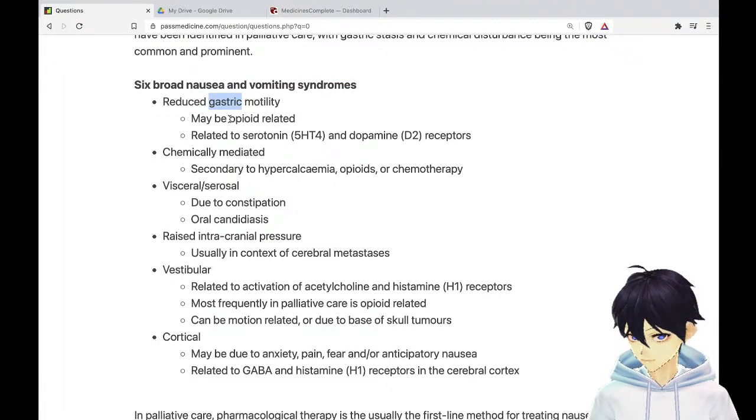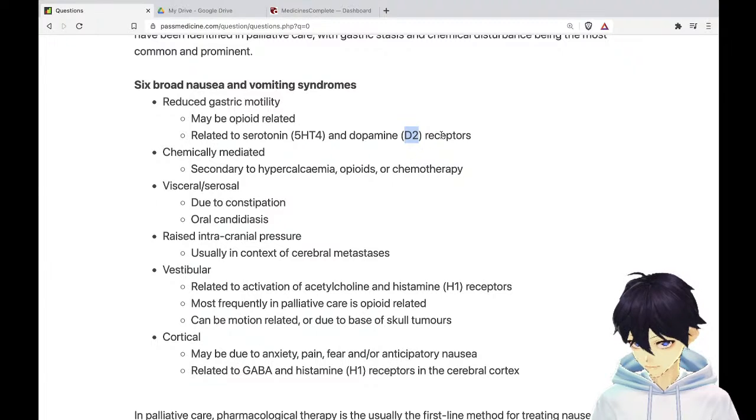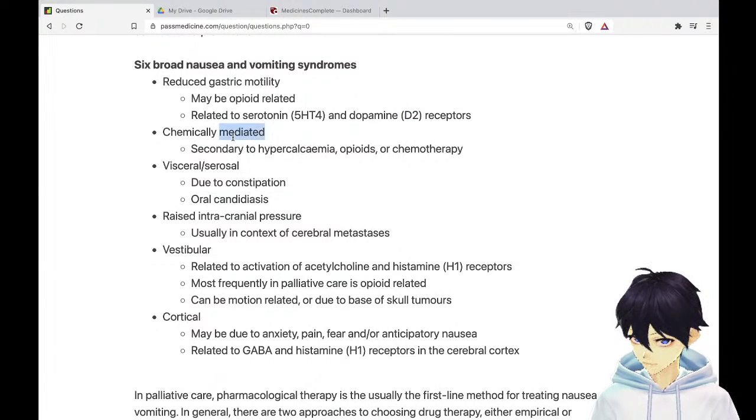Reduced gastric motility may be opioid related, related to serotonin 5-HT4 and dopamine D2 receptors. Chemically mediated, related to hypercalcemia, opioids, or chemotherapy.